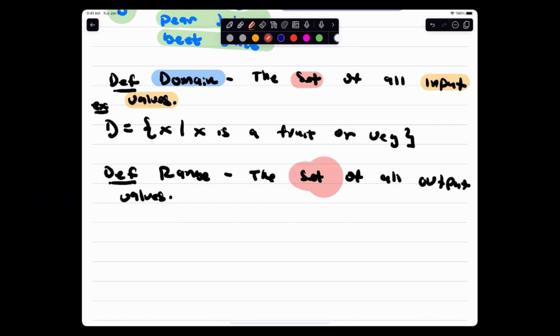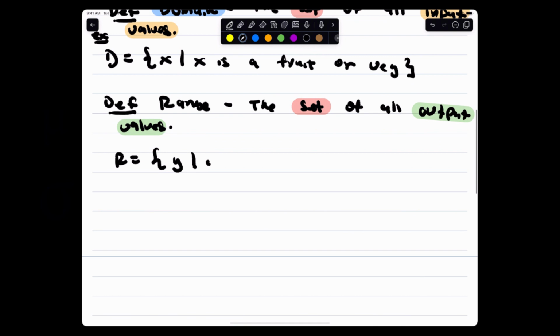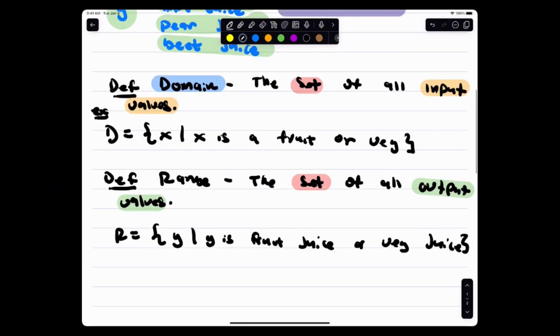Say here's a set of all what? Output what? Values. So R here, set of all y, such that y is either fruit juice or what? Or vegetable juice. That's called the range.